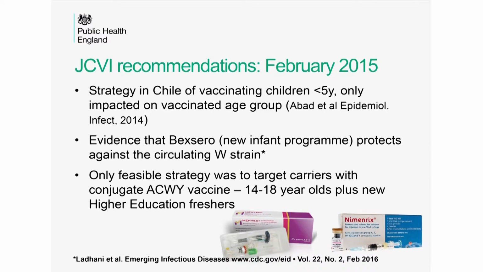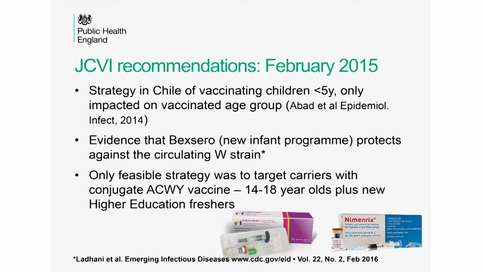Now, at the time that the JCVI looked at these data, we knew that we were seeing a very marked, very rapid increase in W disease within our population, and that in itself was a concern because of previous experience. Chile had at that point introduced a vaccination program following the increases in disease they'd seen, and that targeted children under 5 years of age.